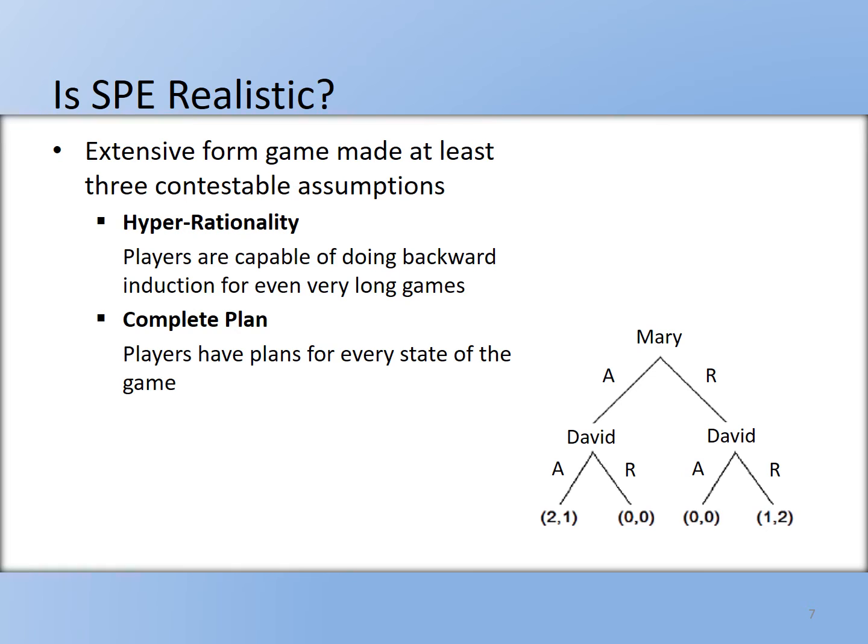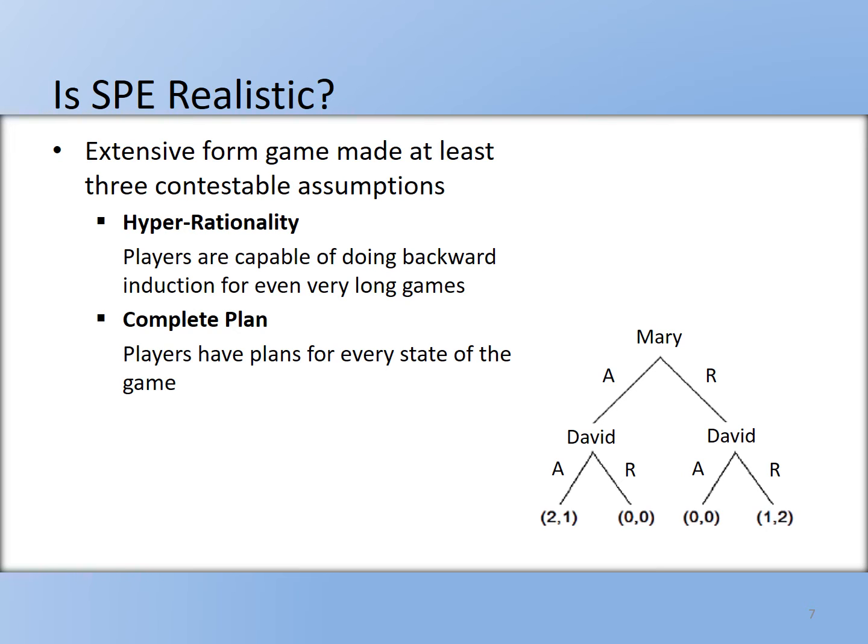Is the chance of having an earthquake in Hong Kong in the next 30 seconds 0? No. It actually has some chance, right? But no one has a plan for that because it's just too unlikely to warrant the effort to form a plan. So having a complete plan for every state of the world, including ones that never happen, is not realistic.